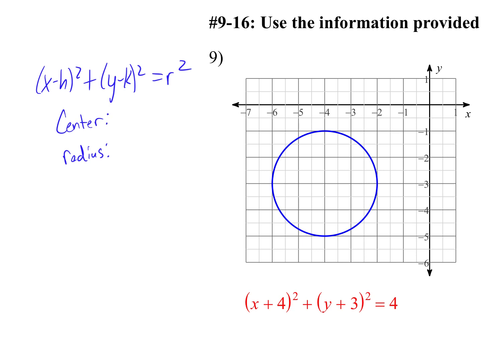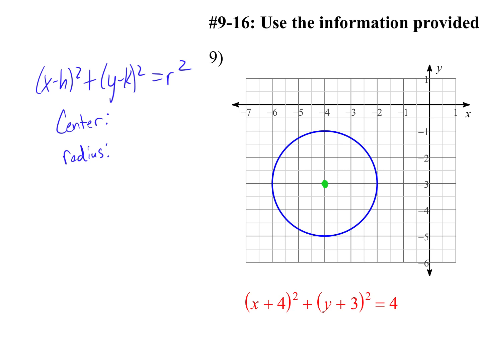What I'm going to do is go over to my circle and find the center. Looks like it's about right there. The way I can check is to see if the radius is the same in each direction. If it is, then it is truly the center. So I go up 2, right 2, down 2, or left 2. So that is my center point.